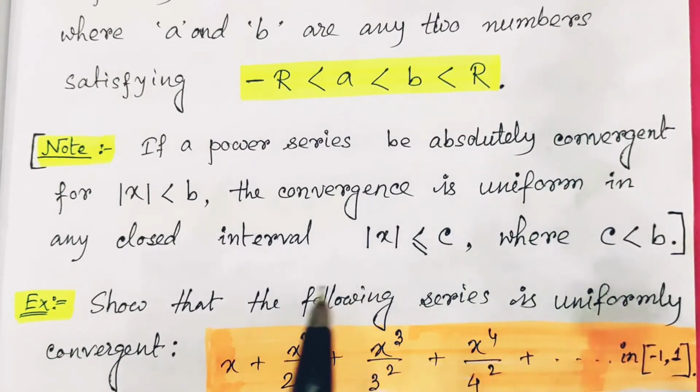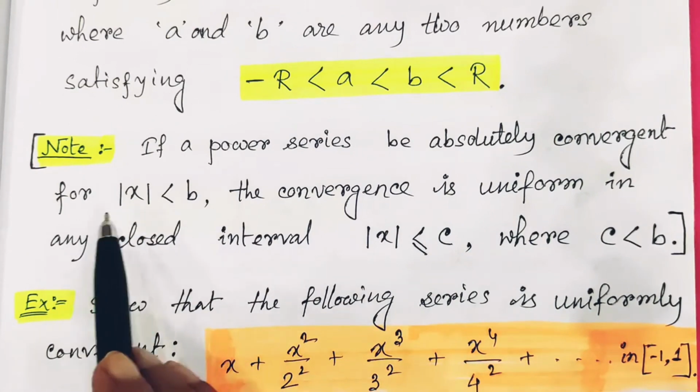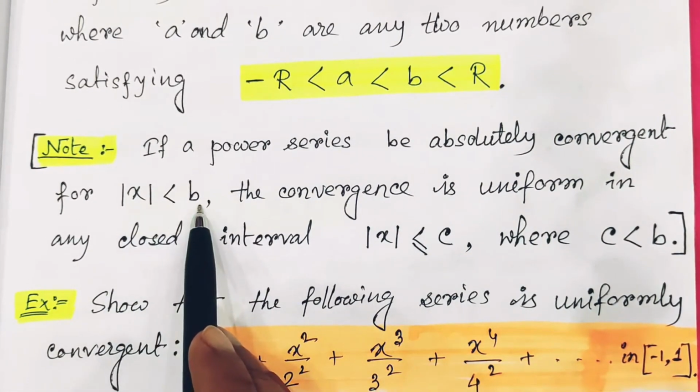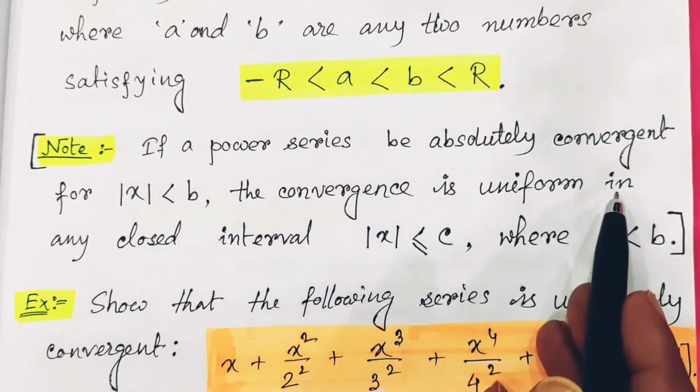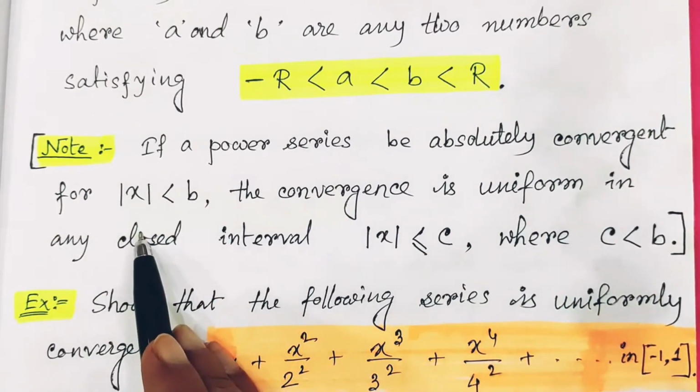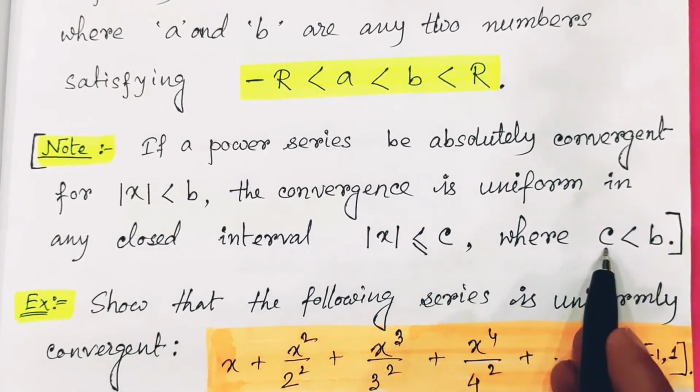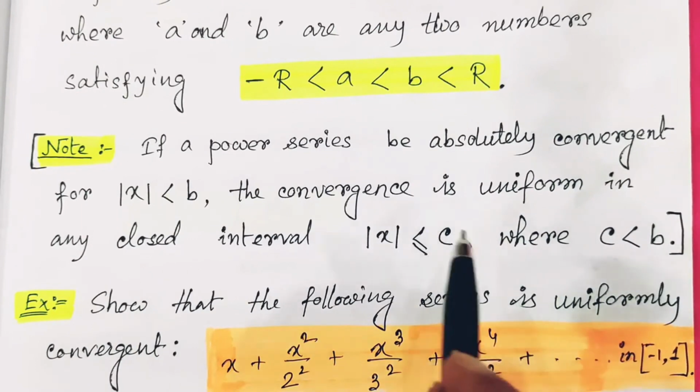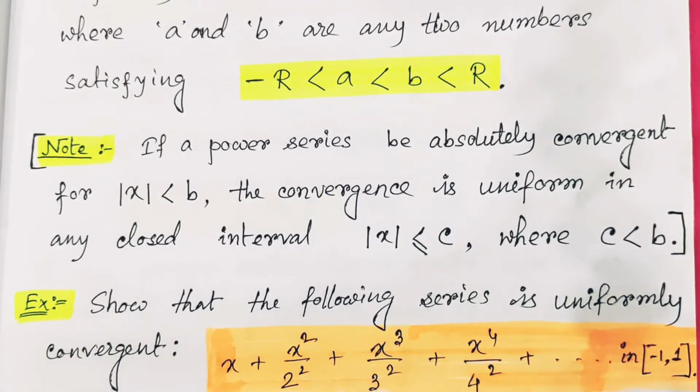That means if your power series is absolutely convergent within this range, then it is uniformly convergent within this interval. That is why it is c less than b. So I hope you now have no problem understanding when it is uniformly convergent and absolutely convergent.